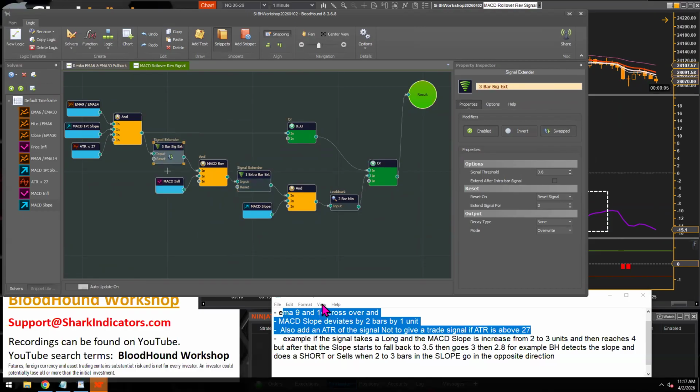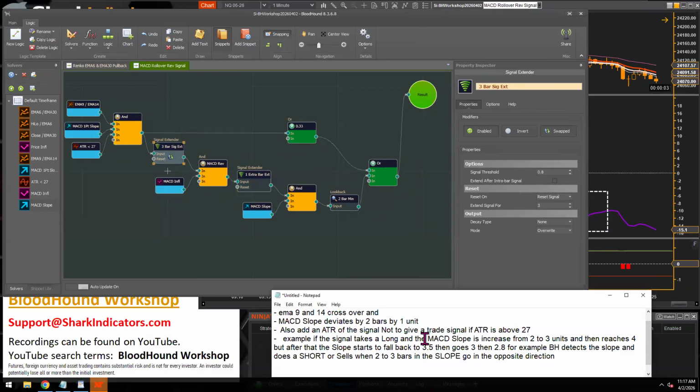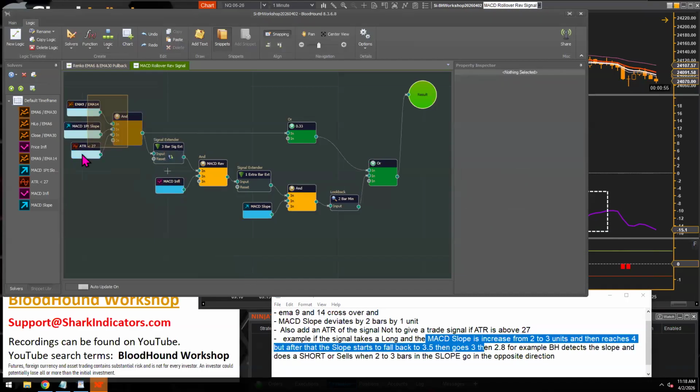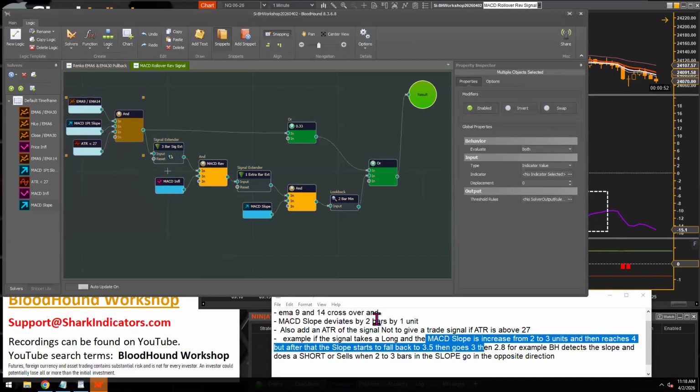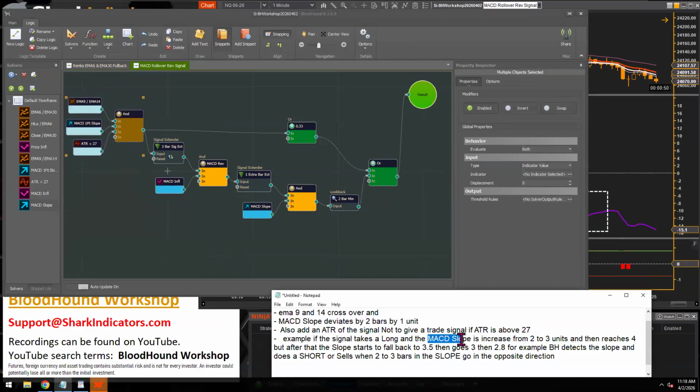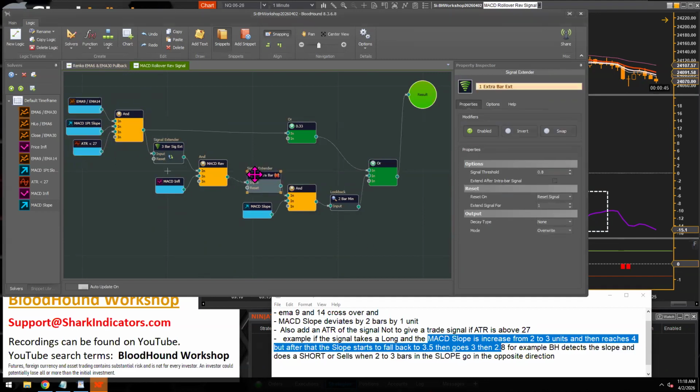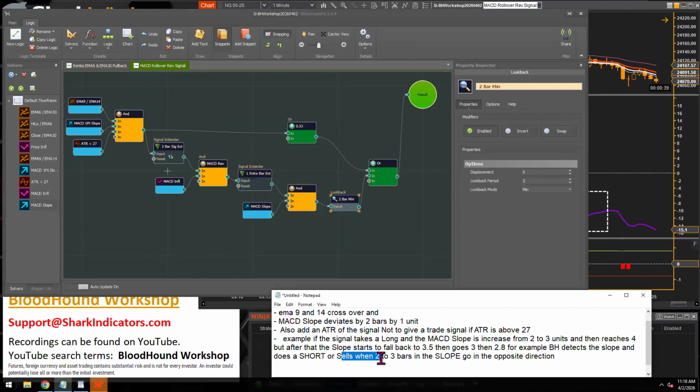So this signal extender determines how far away the MACD can be when it reverses direction, right? After this occurs, how long are you going to grant the MACD to reverse? And then this signal extender and this look back determines how many continuation bars of that MACD slope do you need? Right? Yep.